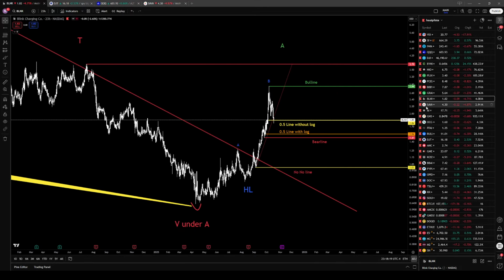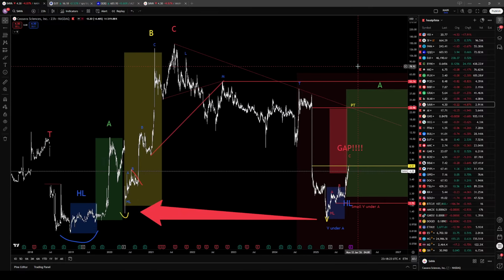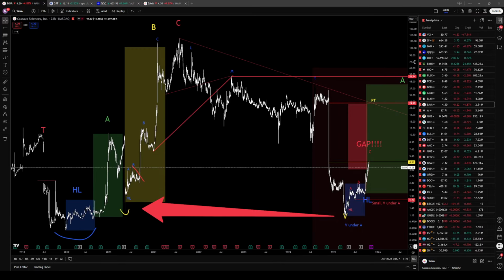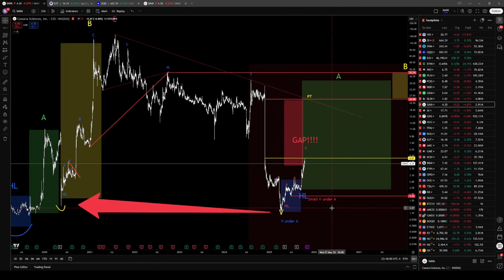So next, our stupid gap squeeze play. So SAVA. Start with our V. Hello. A peak, A pullback, B peak, B pullback, C. Come to your low, high, midpoint, T. Fall under your V and A. High low is finished.